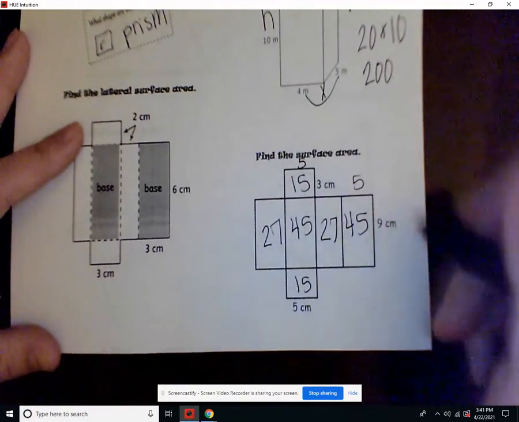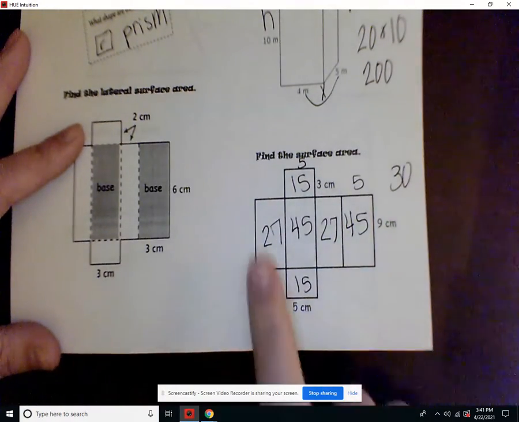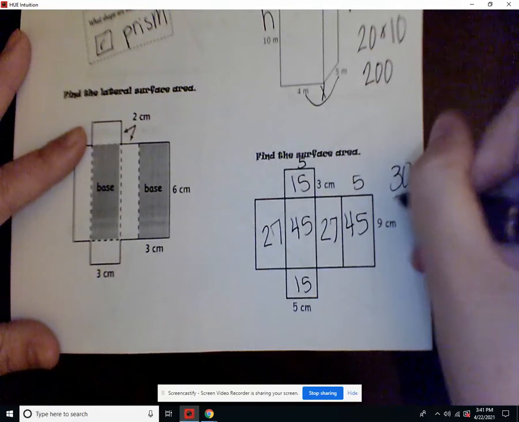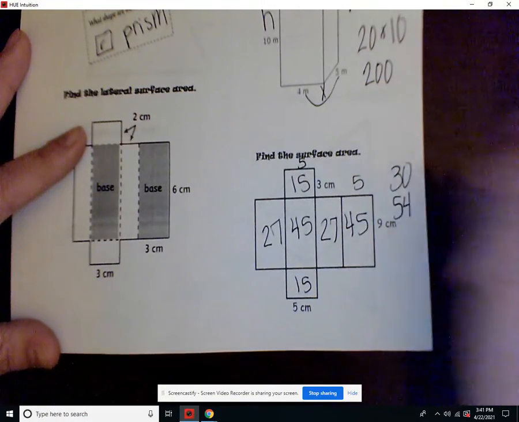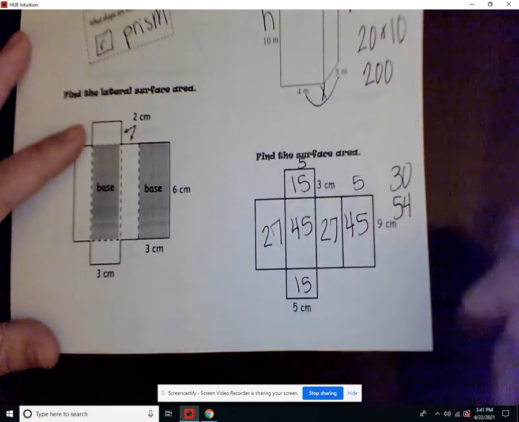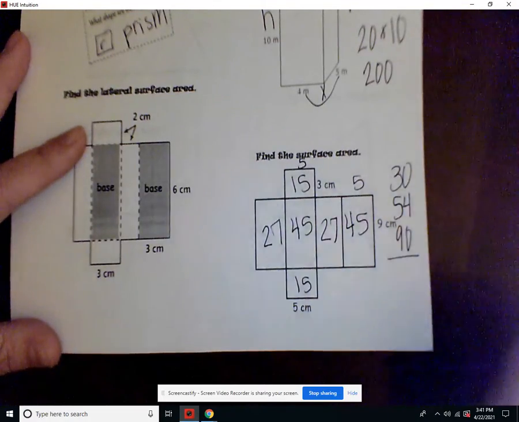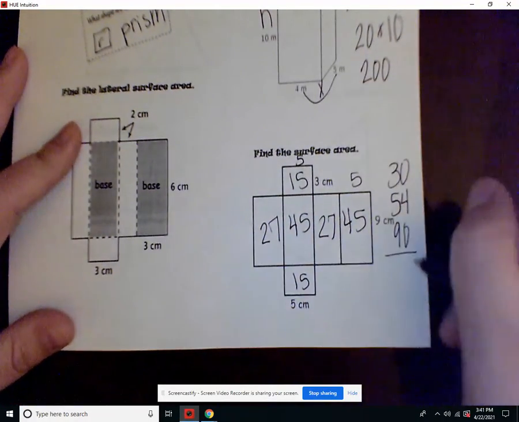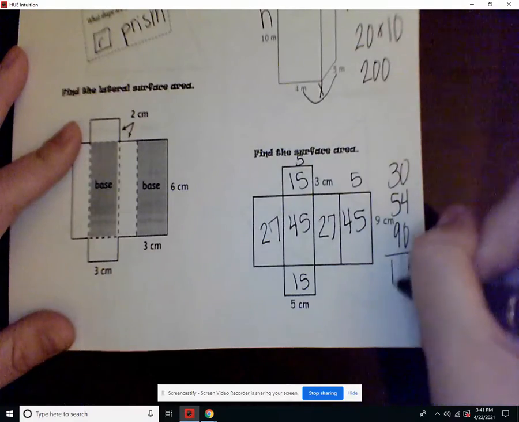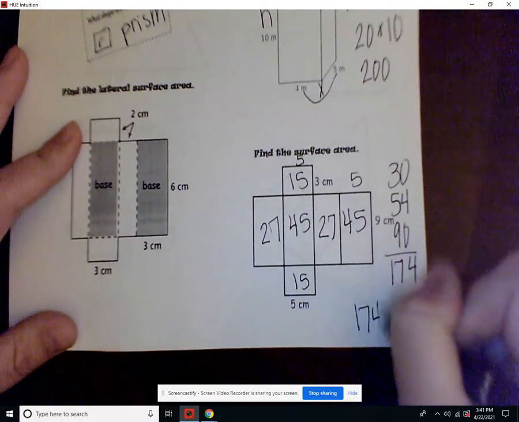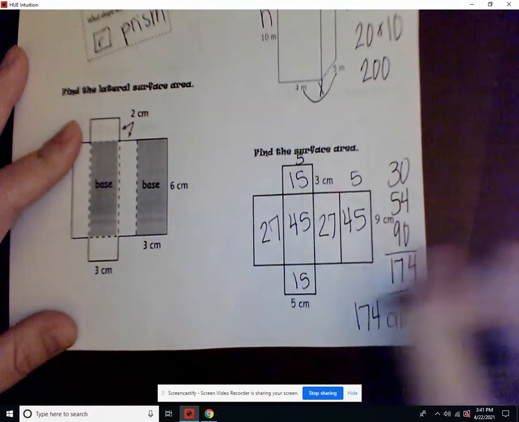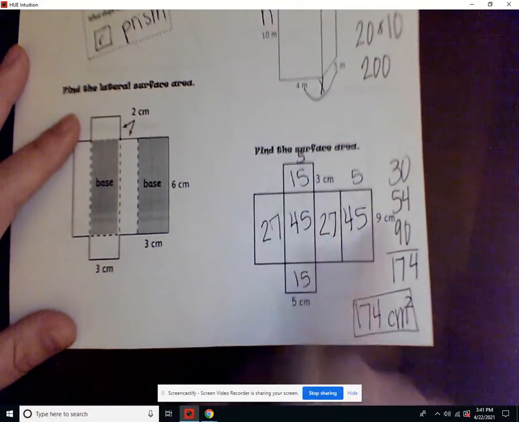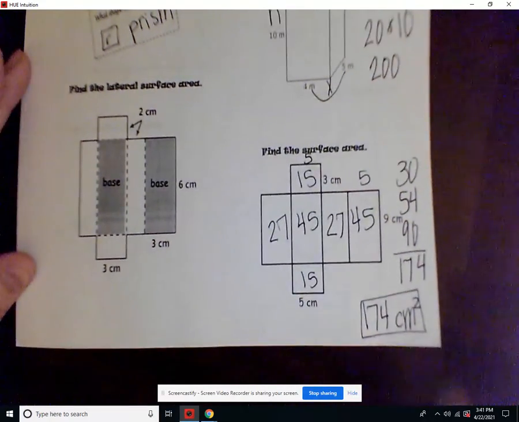So 15 plus 15 is 30. 27 plus 27 is 54. 45 plus 45 is 90. And then we add everything together, and we get 174 centimeters squared. And since it's area and it's a 2D shape, it's going to have a 2.